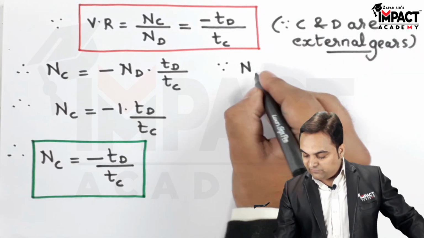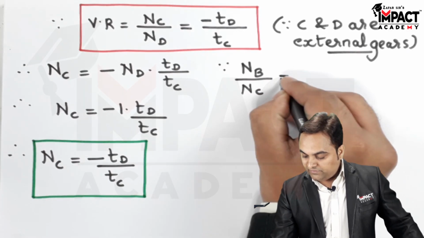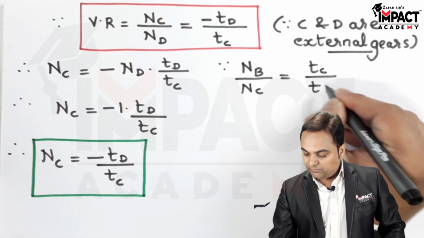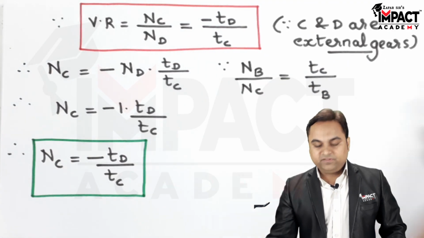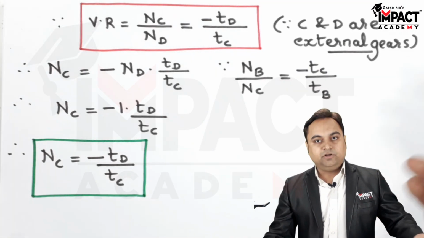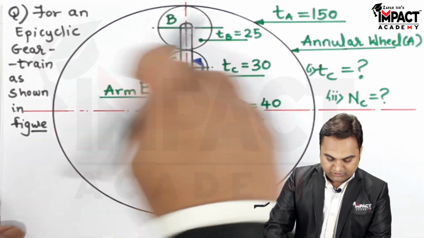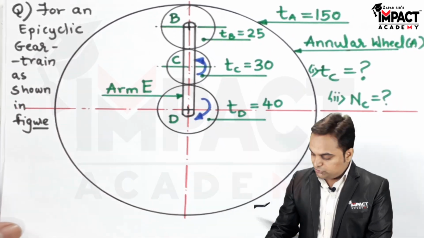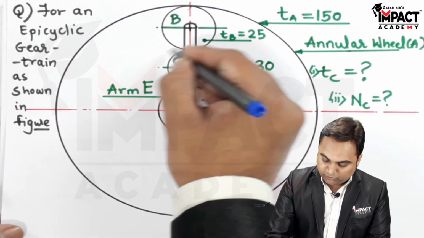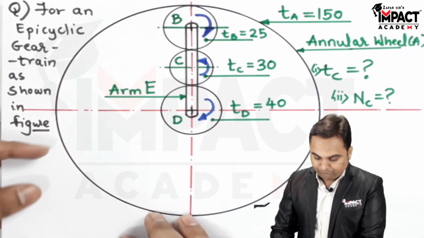So speed of driven, which is B, upon speed of driver, that is C, is equal to the number of teeth on wheel C upon the number of teeth on wheel B, since they are inversely proportional. And here also I am introducing a negative sign because C and B are also external gears, so I am putting the negative sign because of the opposite nature of rotation. So when C rotates anti-clockwise, B would be rotating in a clockwise sense.